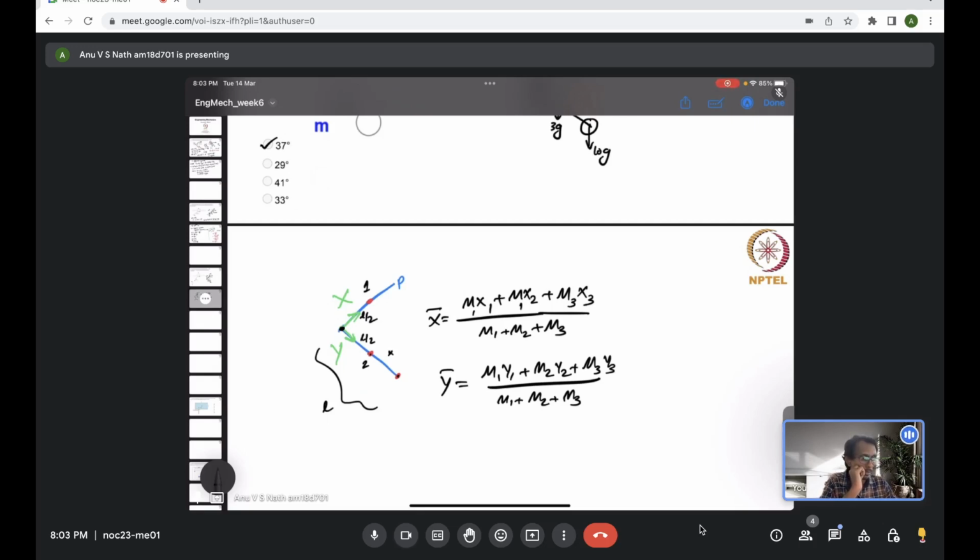You will get it somewhere here. The center of mass is located. Yeah, I think I could give the exact location of the center of mass. Give me a second.